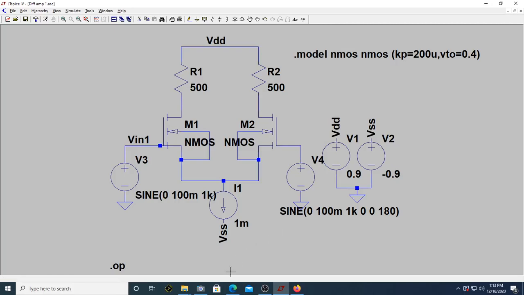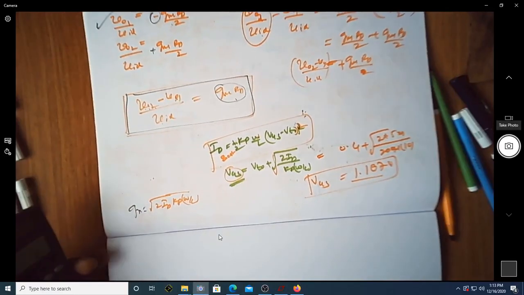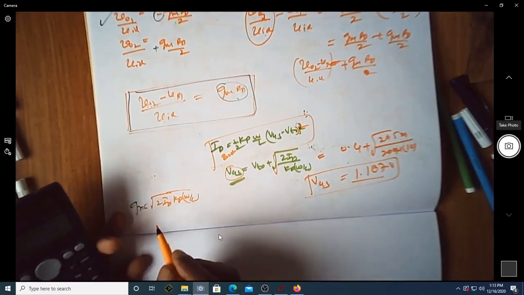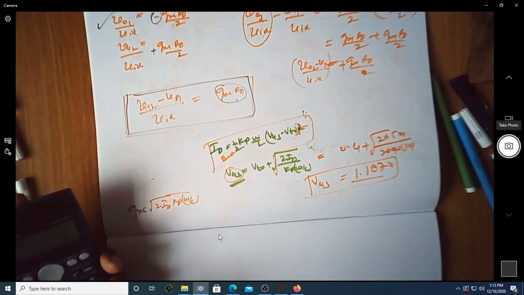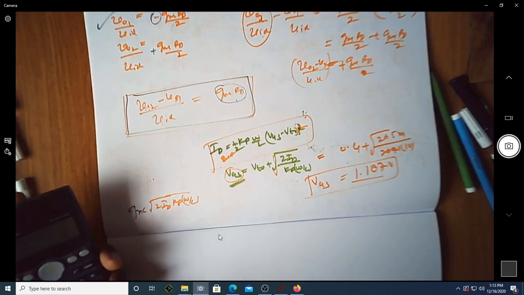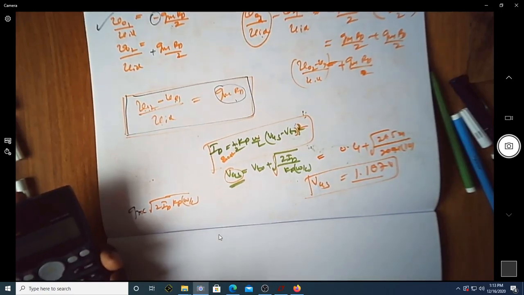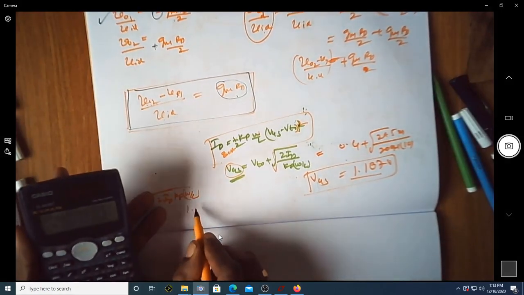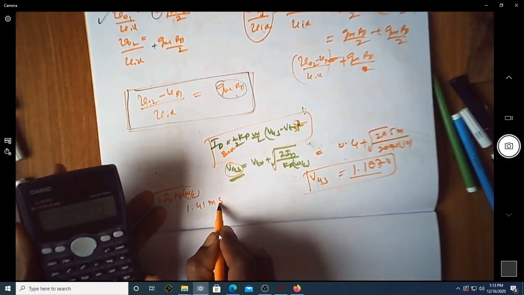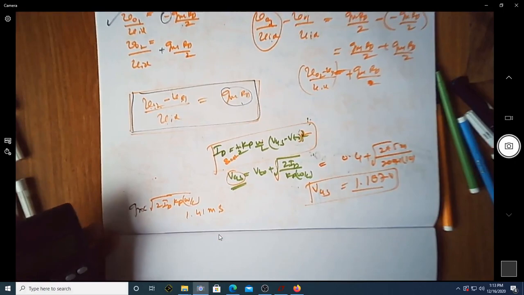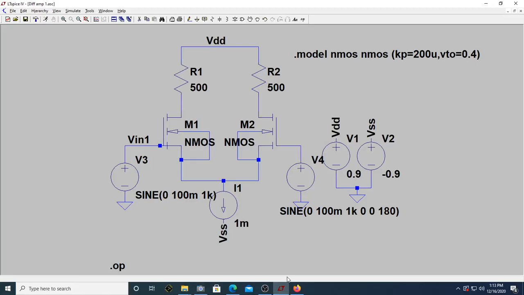So the GM value happens to be under root of 1 exponential minus 3 into Kp is 200 exponential minus 6 into W by L is 10. It's actually 1.41 millisiemens.